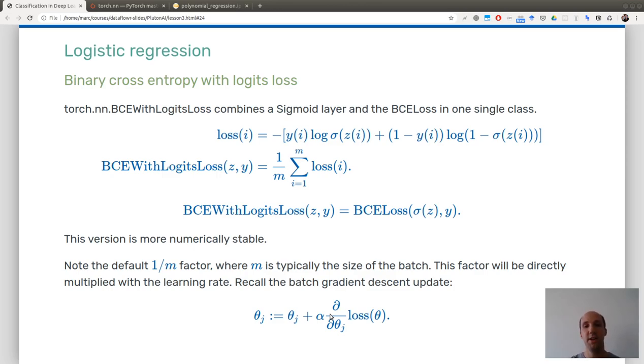So there is a connection between the learning rate and this mean factor that you need to keep in mind when you are doing your computation.